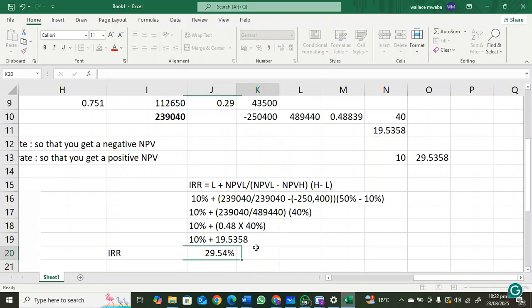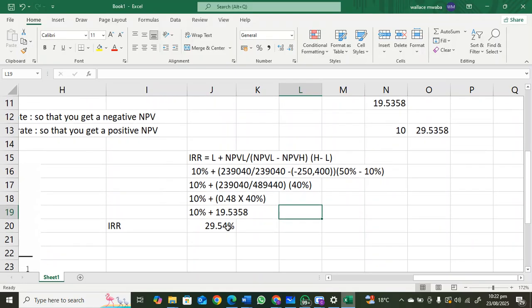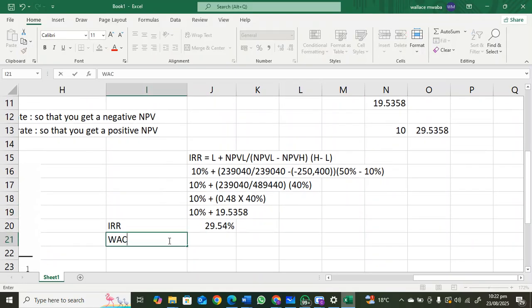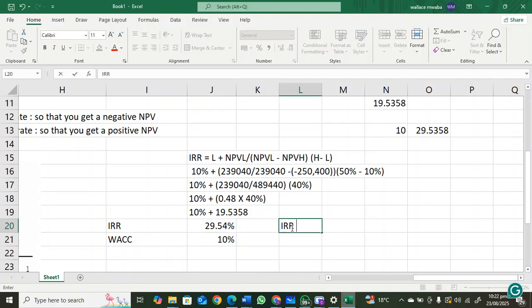This is the return from our project, our investment. So we compare the internal rate of return versus our overall cost of capital, which is 10%. If your internal rate of return is greater than your cost of capital, accept the project, because the return you're getting from the project is greater than the cost you incurred to finance it.